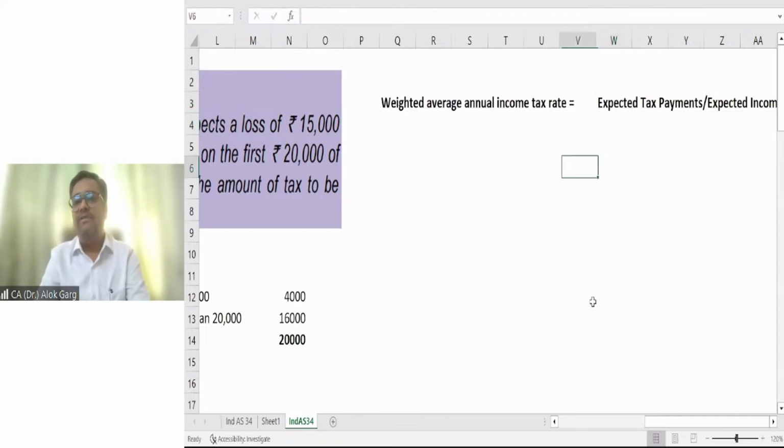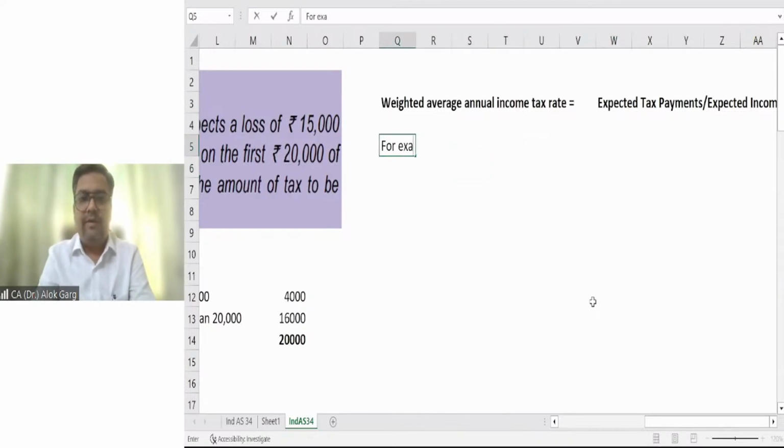For example, what is my weighted average annual income tax rate? For example, the estimated income for full year. We are standing in quarter one or quarter two, and we are estimating income for full year.